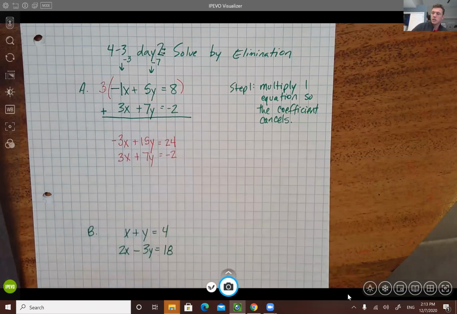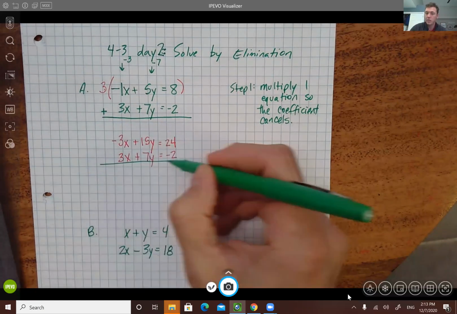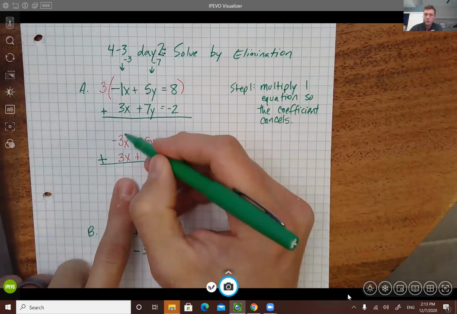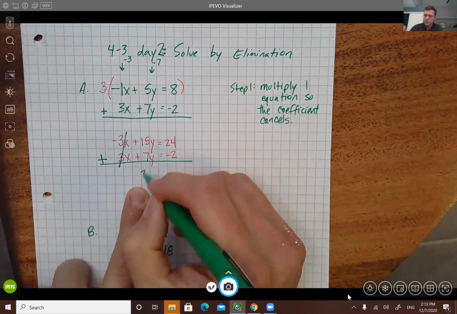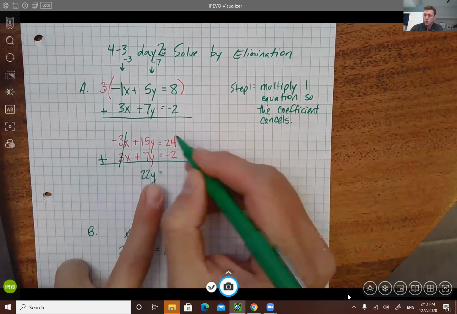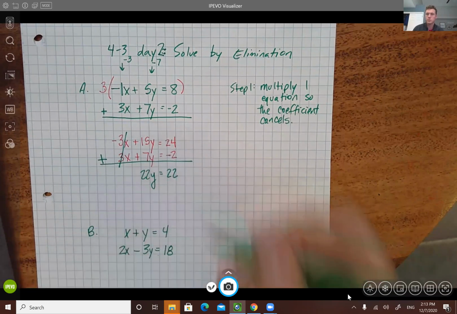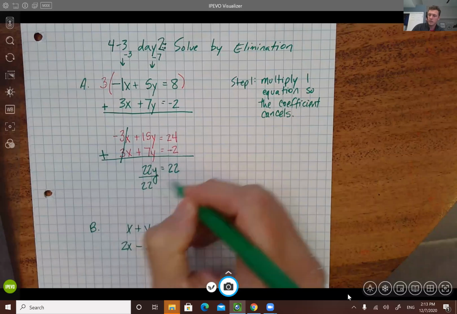Now that we've multiplied this by 3, when we add these together, these are going to cancel. 15 plus 7 is 22y. 24 minus 2 is 22.